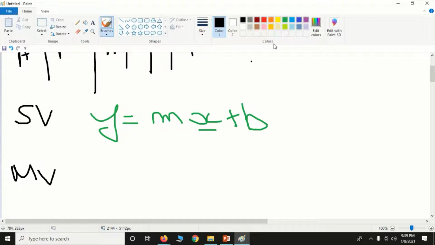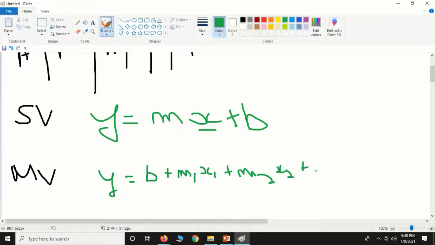The equation of the hypothesis will be y equal to b, which will be the same, plus m1 x1 plus m2 x2 plus m3 x3.